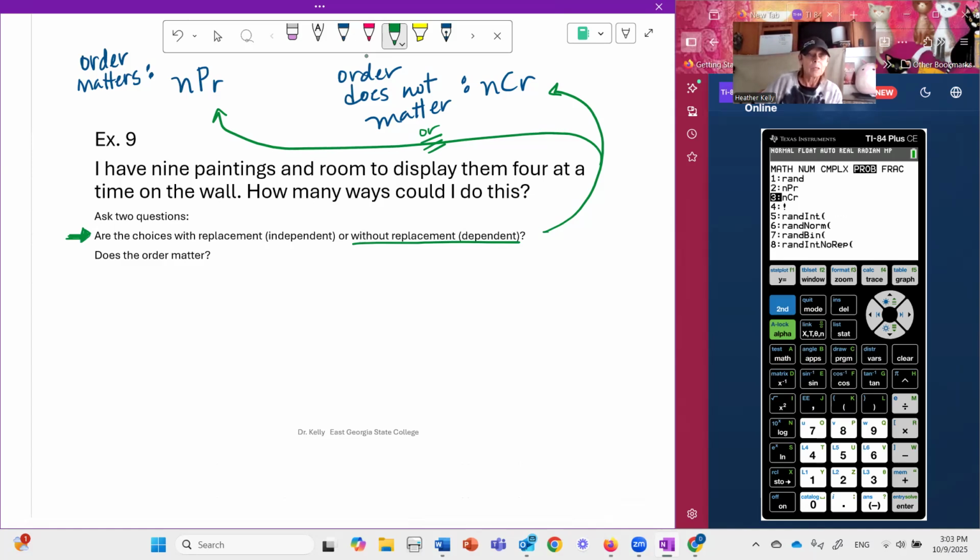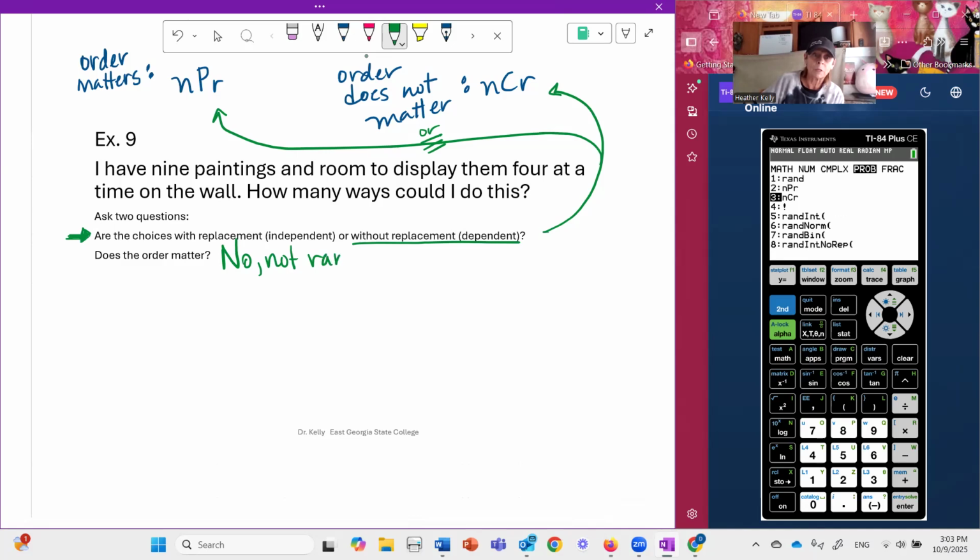All right. Does the order matter? Does the order in which we put them on the wall matter? In other words, are they ranked? Is there one more special than the next? None of that information is given to you. So does the order matter? No. And I would say not ranked.